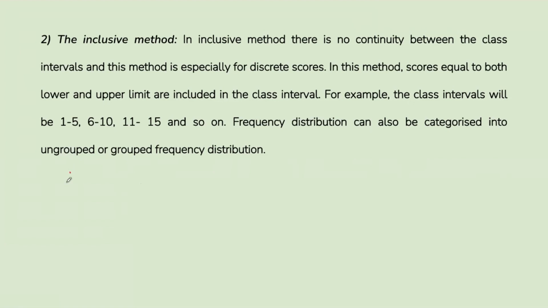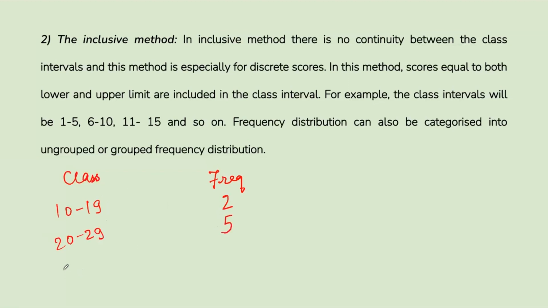First I will give an example so it will be clear. Suppose these are the classes and these are the frequencies. Here the class is 10 to 19 and the corresponding frequency is 2. Here the class is 20 to 29 and the corresponding frequency is 5.